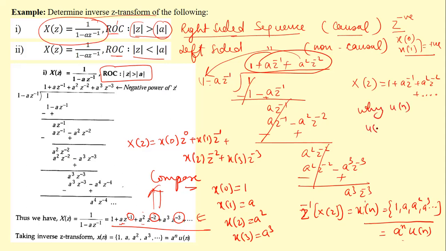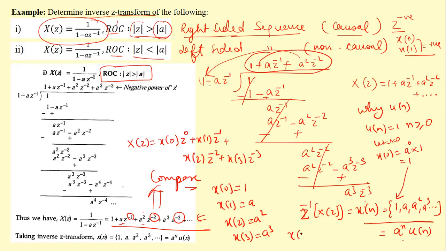Because u(n) is 1 for n greater than or equal to 0. So let n is 0, so this x0 will be a raised to the power 0 into 1. So it is 1, so x0 is 1.